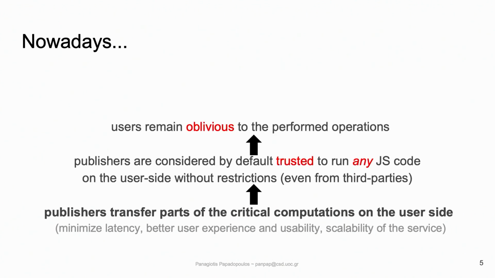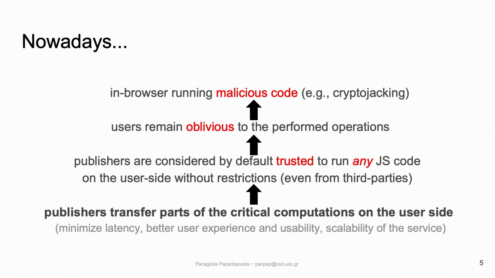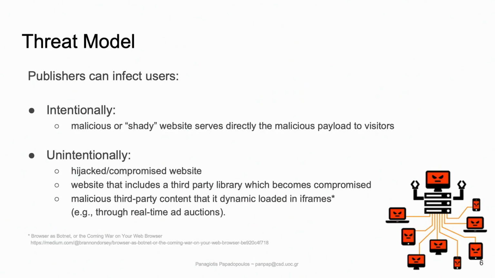The problem is that this means that publishers are considered by default as trusted to run any code without any restrictions on the user side, even if they bring code from third parties, in order to run on the user device when the user is totally oblivious to the performed operations. And recently, we saw a lot of interesting examples of attacks like the popular cryptojacking attacks on the user side.